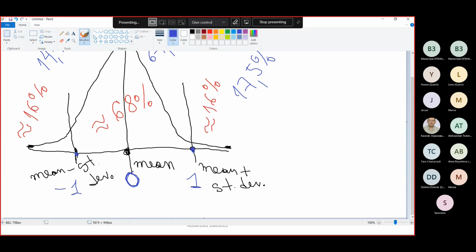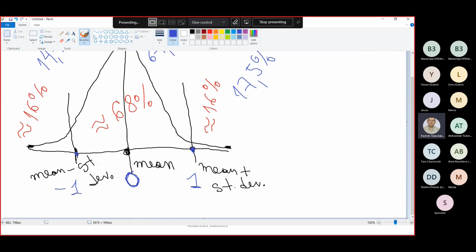So when we have these Z-scores, we can say whether this particular individual is in the norm or below the norm or above the norm. And also we can say where in the norm, or where below the norm, or where above the norm.